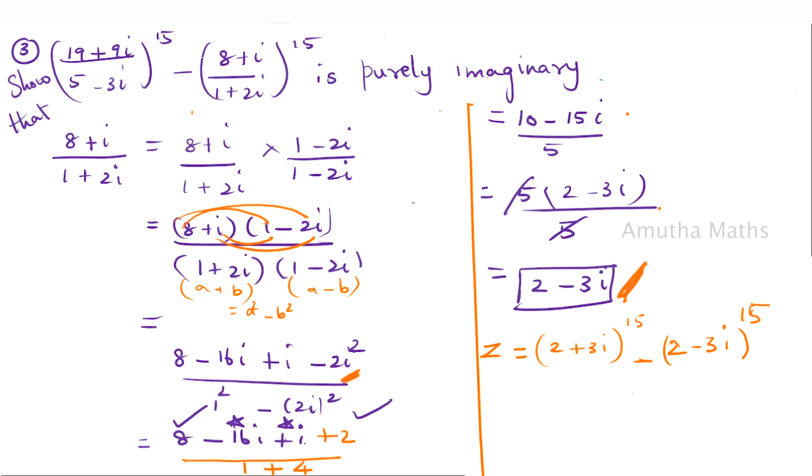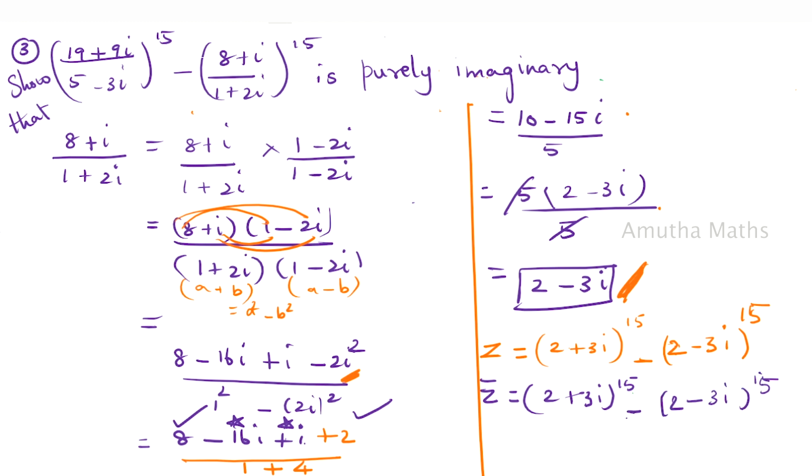Okay. What is z bar? This is equal to 2 plus 3i, okay, the whole power 15 minus 2 minus 3i, the whole power 15, the whole bar.